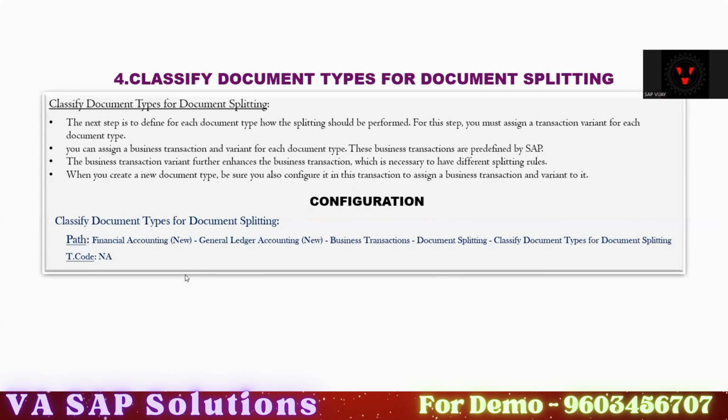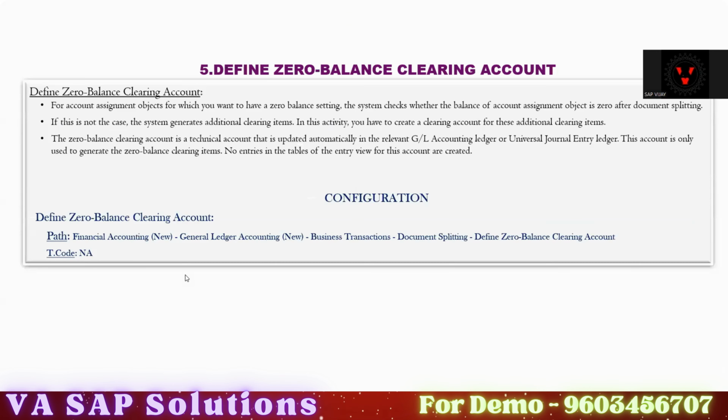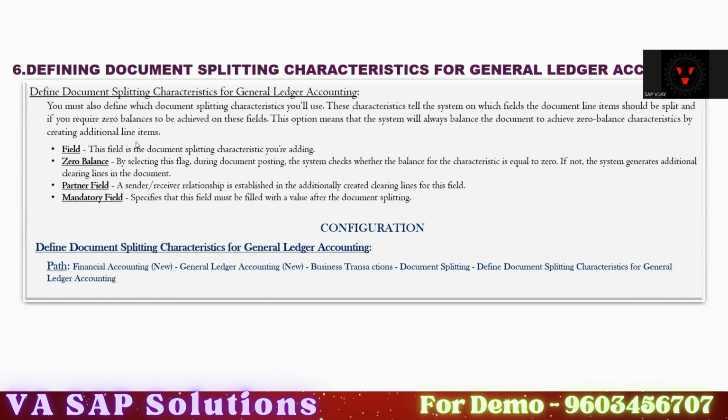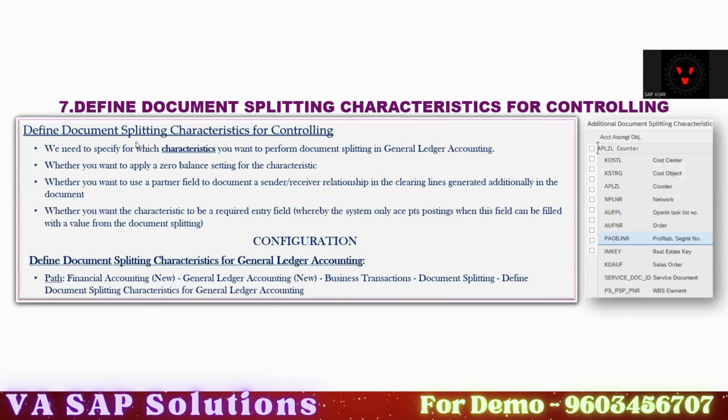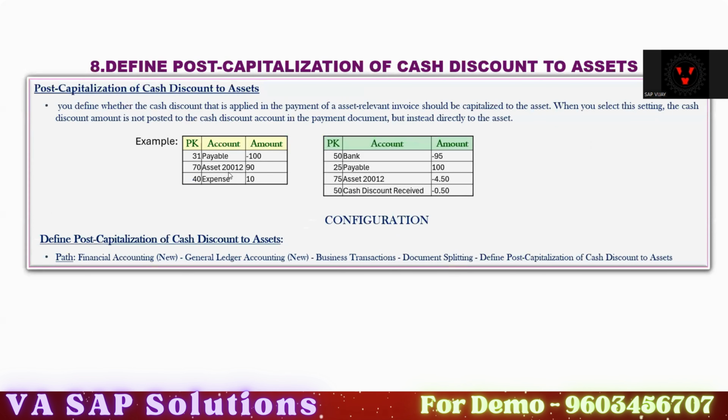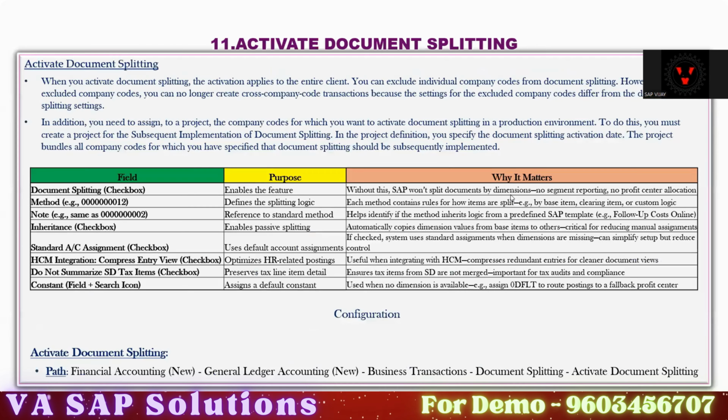We have discussed what active splitting, passive splitting and zero balance splitting are. Some examples I have provided here, showing before document splitting and after document splitting, how it happens.